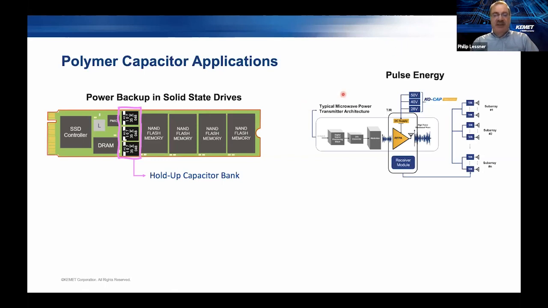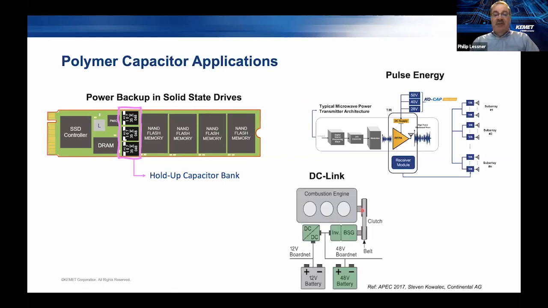And finally, another automotive application besides just DC-DC power supply conversion is the use of polymer capacitors for DC link, and specifically in 48-volt automotive applications. So those are the mild hybrid applications that are especially taking off in Europe and Asia. So here they can be used as a DC link capacitor between the battery and the inverter.